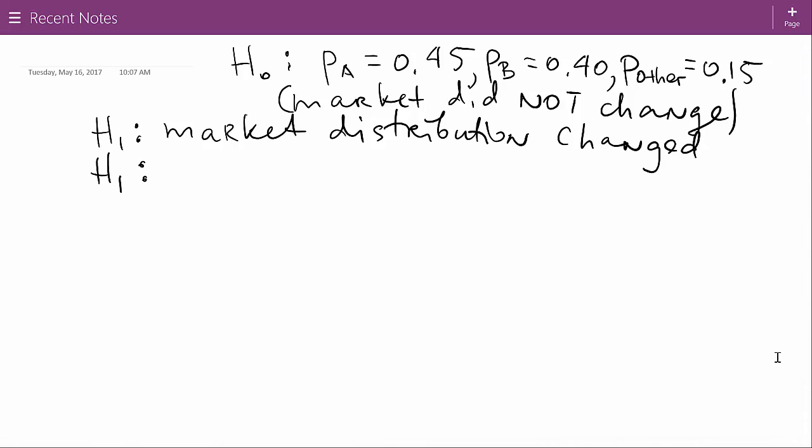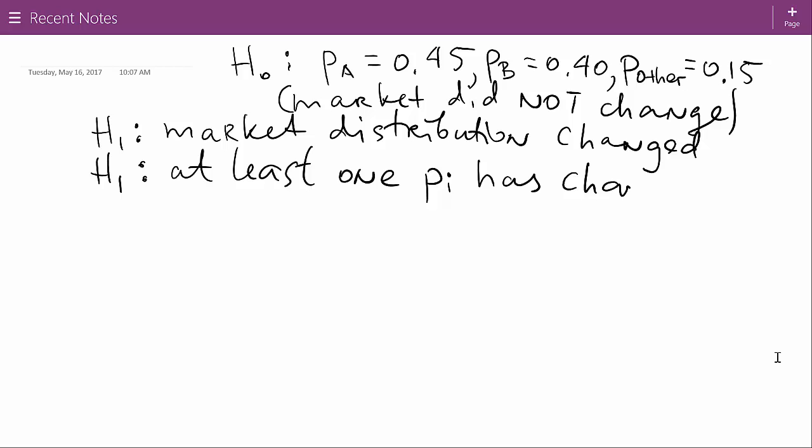I don't know how exactly market will move, but at least one of the proportions pi, 1 to 3, proportion 1 or proportion 2 or proportion 3 has changed since its pre-advertising level, right? Pre-advertising level.